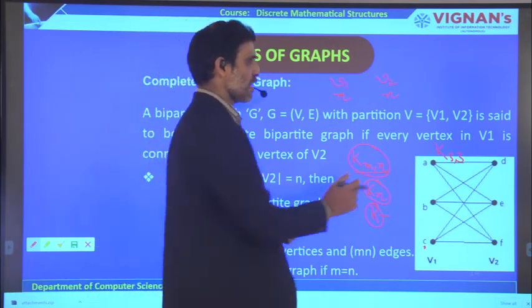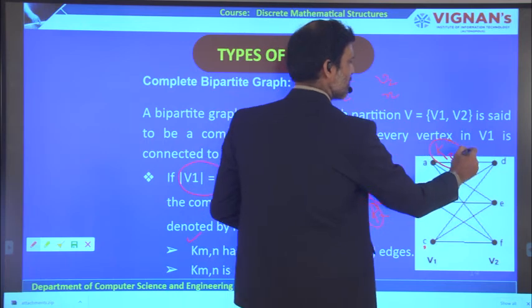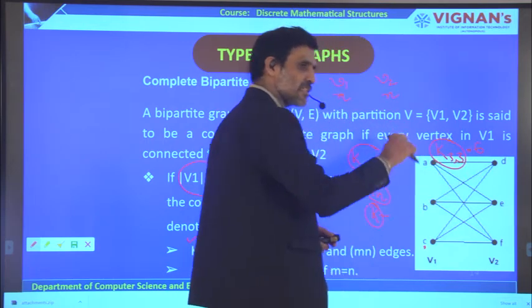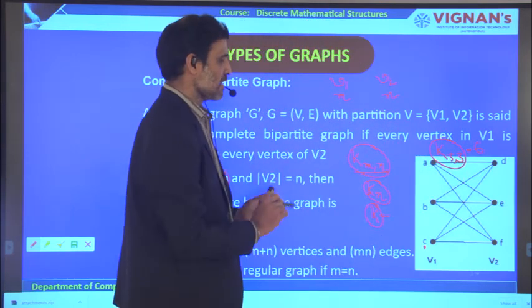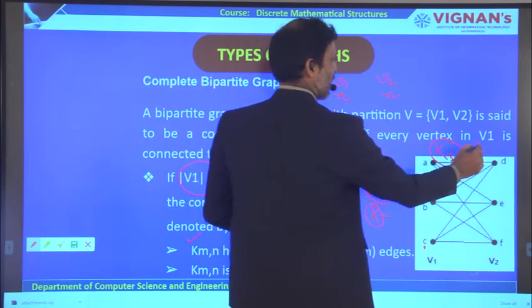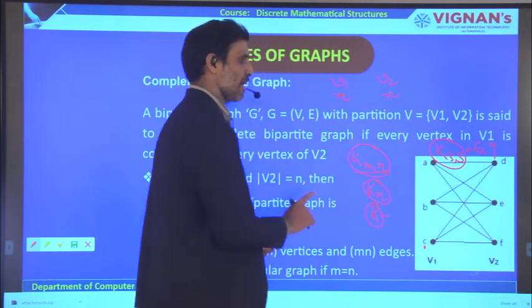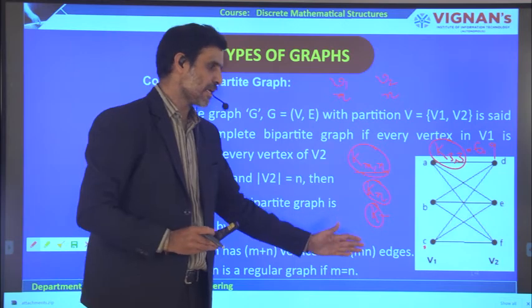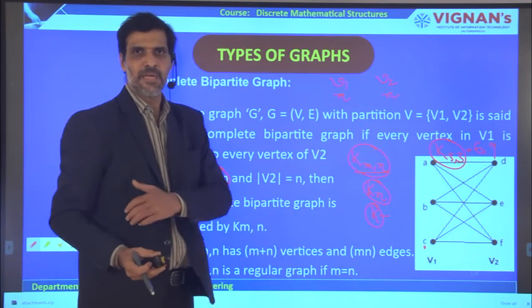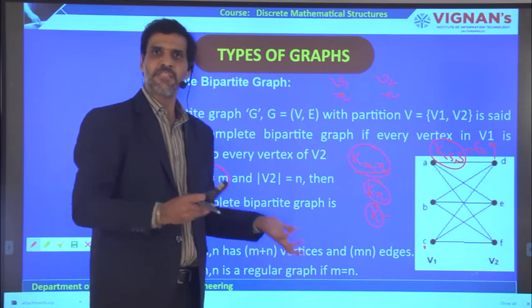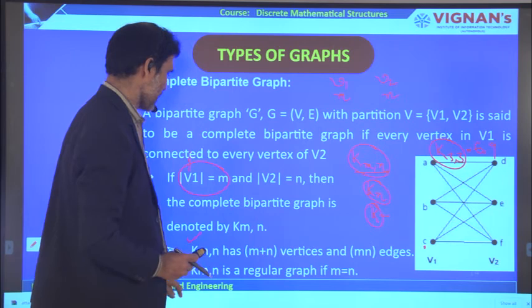K3,3 should contain 6 vertices, and the number of edges is 9. If you know at least one, either vertices or edges, from that you can find either edges or vertices respectively. This is very, very important.